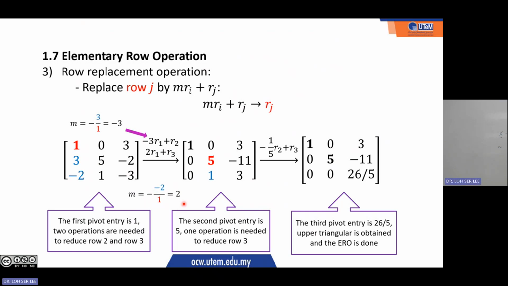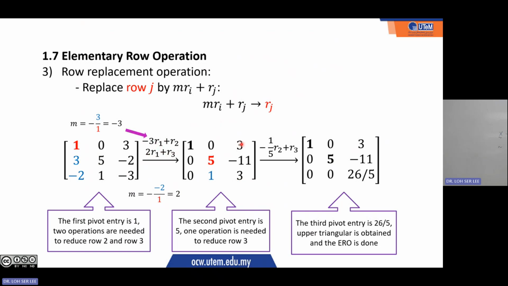So that's why you have +2 R1, because you are using this pivot that comes from row 1. So 2 R1 plus R3. This is from row 3.